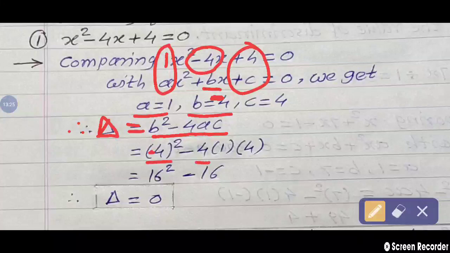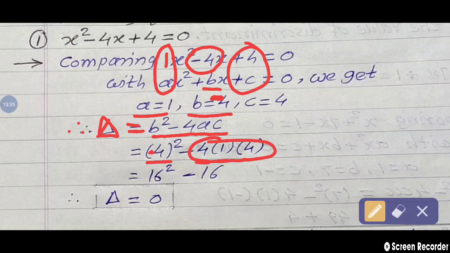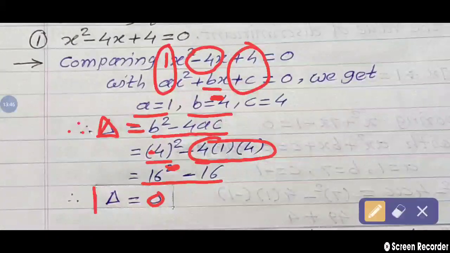The value of a is 1, the value of c is 4. Do the multiplication: 4 multiplied by 1 multiplied by 4. 4 ones are 4 and 4 fours are 16. Minus 4 square is 16. Don't write square here. So 16 minus 16, answer is 0. This is the value of the discriminant.